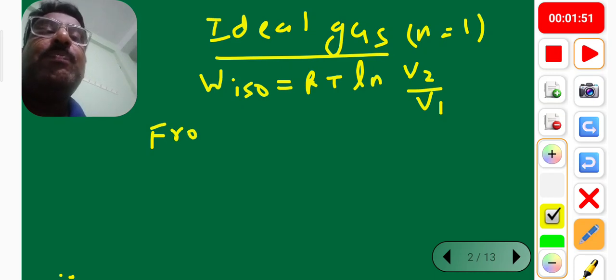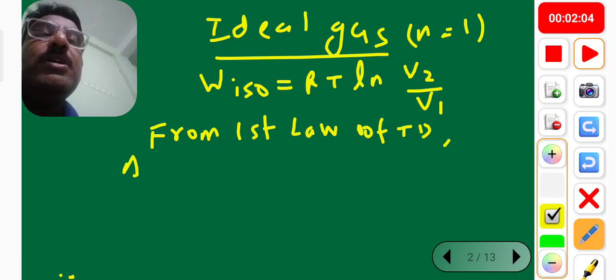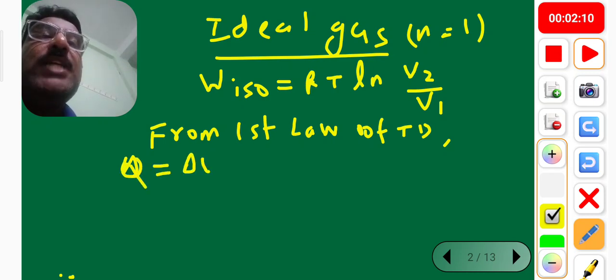Now from the first law of thermodynamics, we get the amount of heat absorbed, let me call it Q, is equal to the change in internal energy plus the work done.